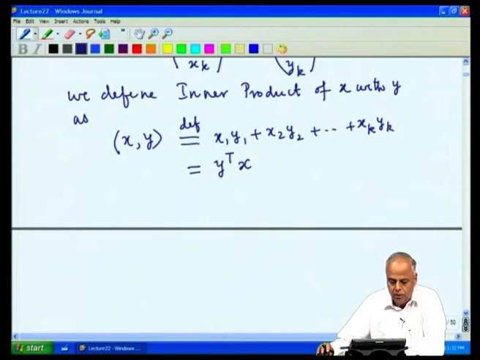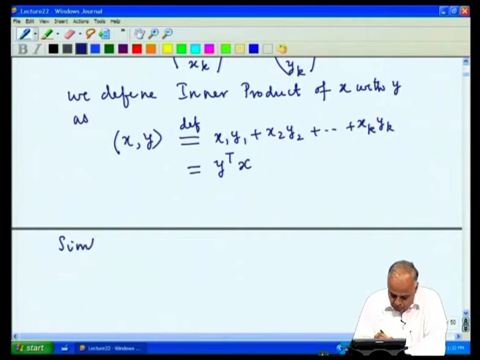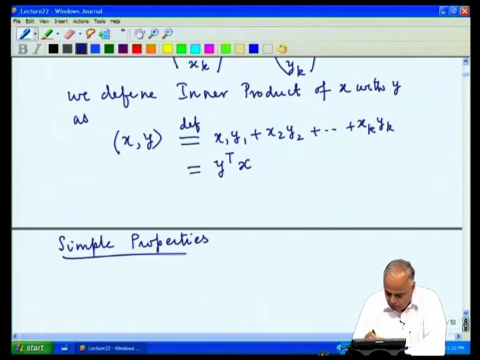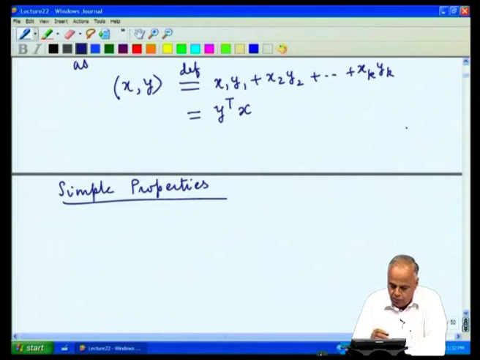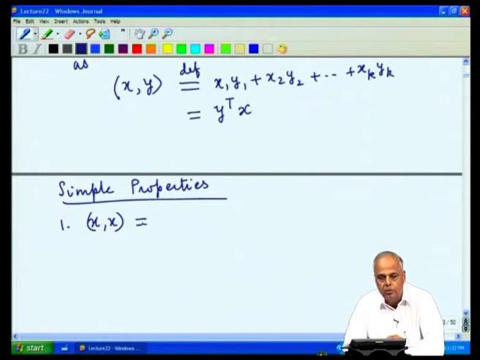We observe first some simple properties of this inner product. From the definition, we observe that x comma x will be x 1 squared plus x 2 squared plus x 3 squared plus x k squared.